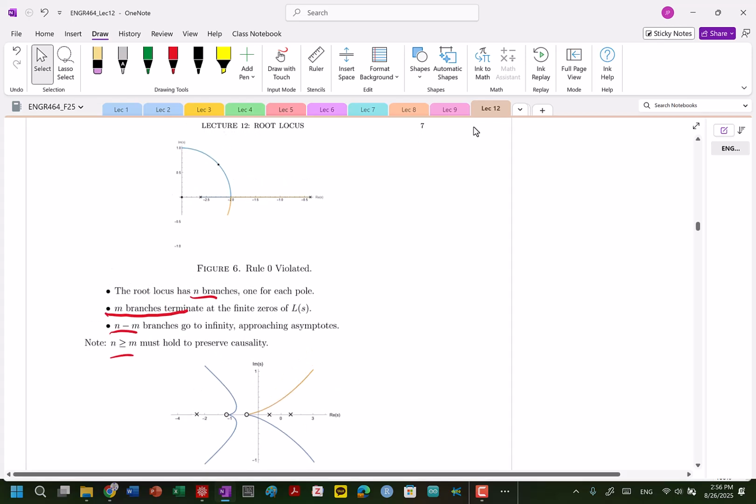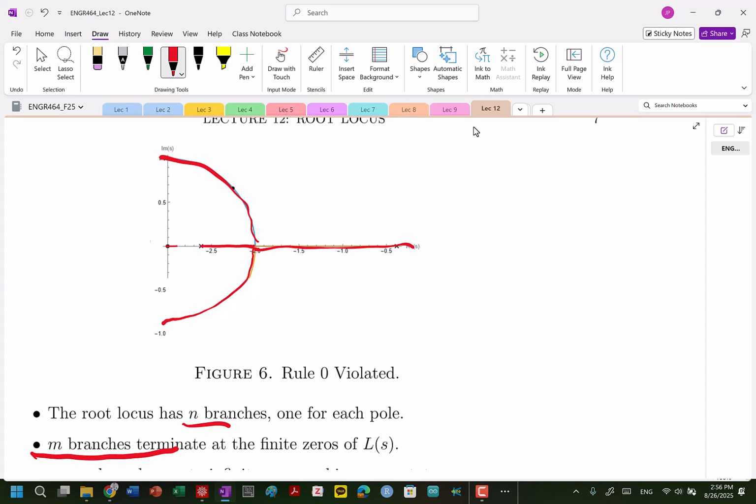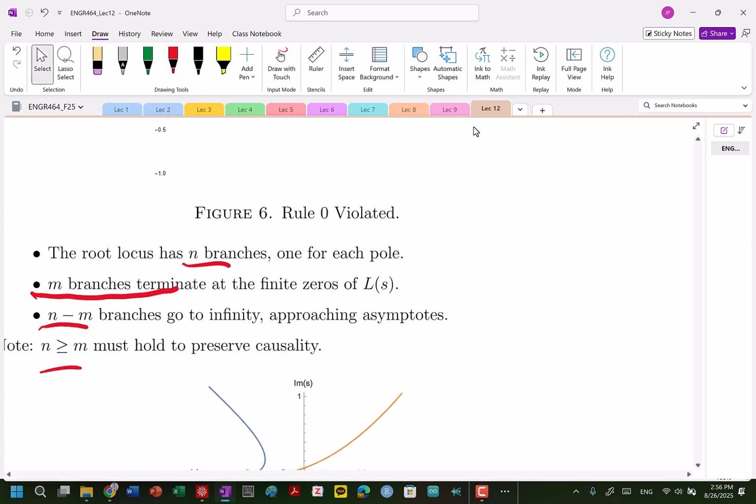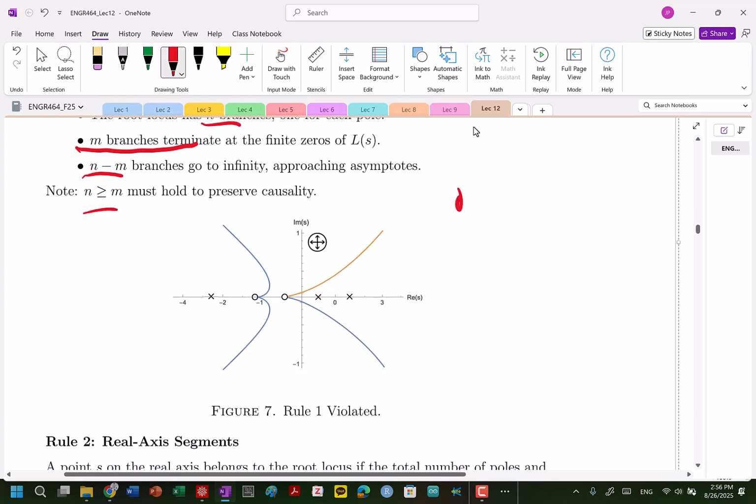I think it's always easier to see when the rules are violated. Rule 0 is violated here. Why? I need symmetry. If this pole is moving like this, I need the other pole to move exactly and finish up here about that axis. What rule is this violating? What's the number of poles here? 1, 2, 3.